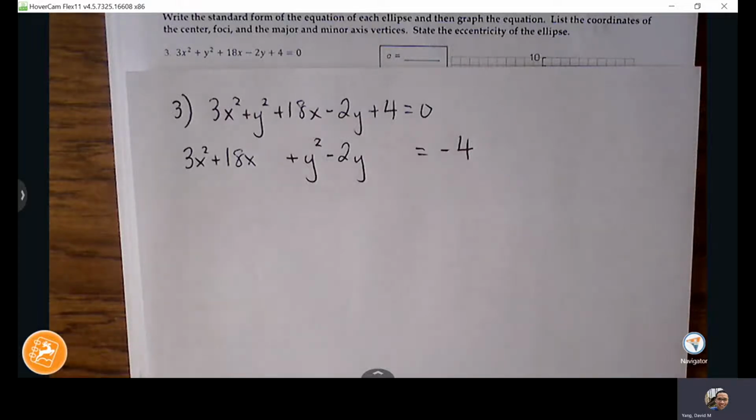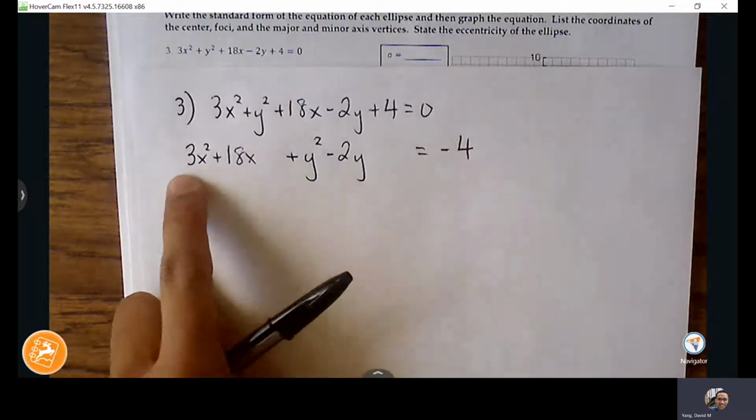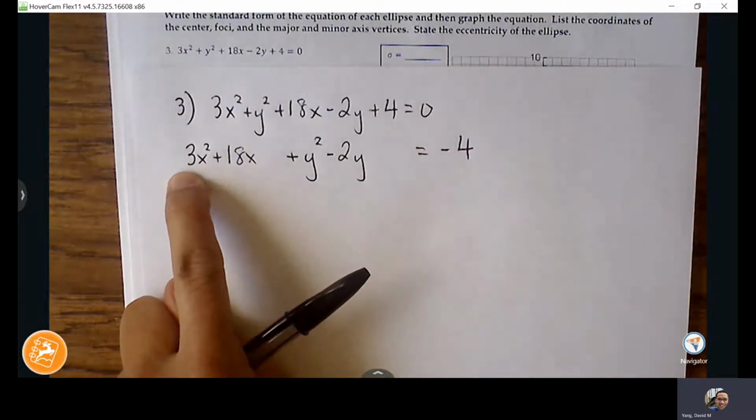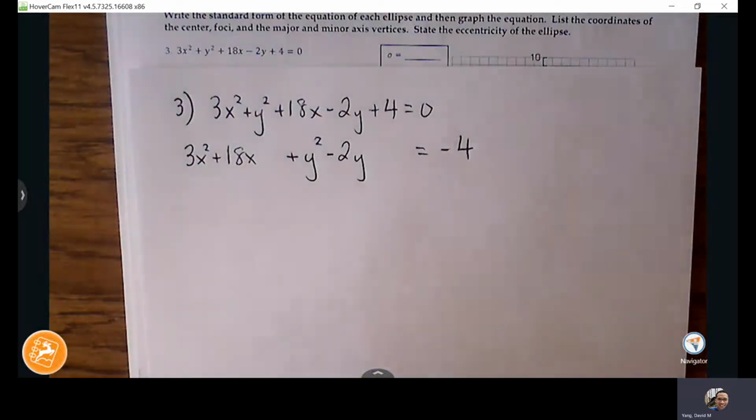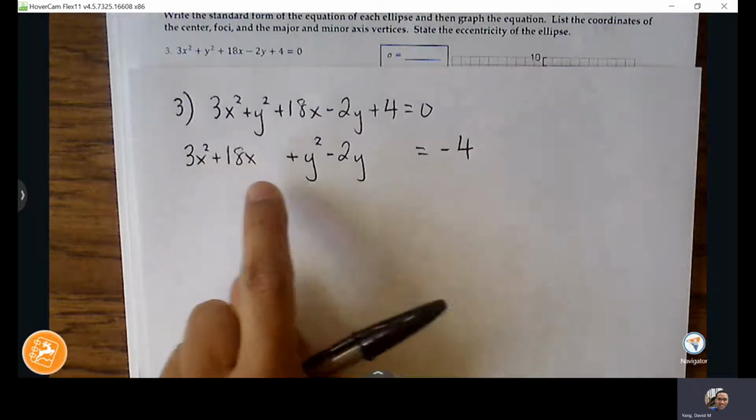Okay, so what's adding to the complexity here is the fact that we've got to deal with this 3, and that 3 is not going to go away like how we were able to make it go away with circles. We can't divide everything by 3. So we're going to hold on to that 3.